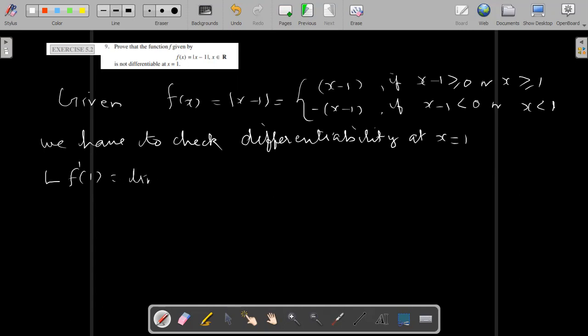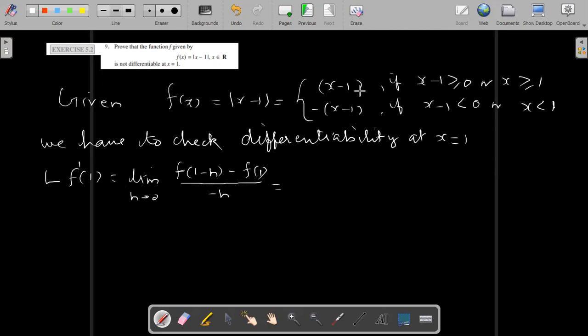So limit, as you know, h tending to 0, and 1 is the point to check, so c minus h means 1 minus h, minus f(1), upon minus h.